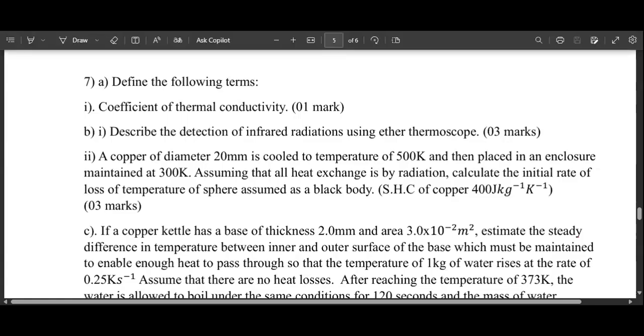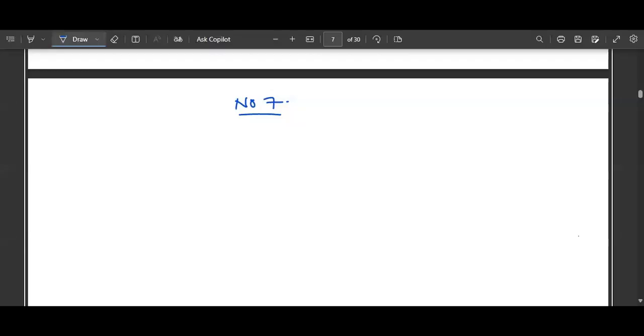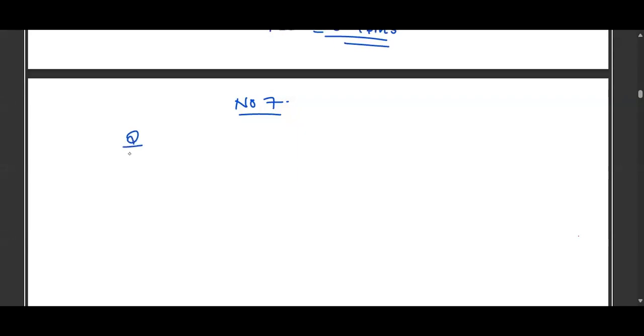Now, from our formula, our Q over T, that is rate of heat transfer, is given by K, A, change in temperature, then divide by L. If you make this K the subject, our K is going to equal Q over T, all of it divided by A delta theta divided by L. Now, Q over T is the rate of heat transfer.